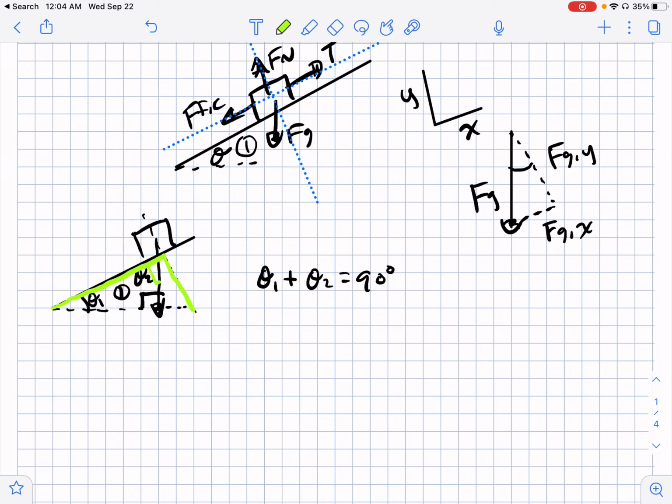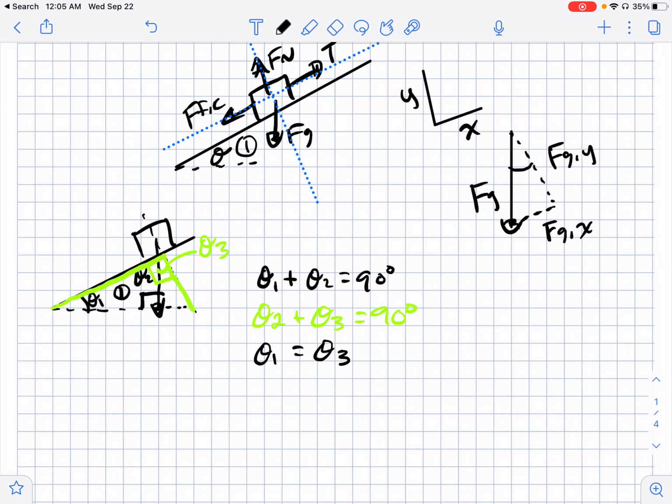We have a 90-degree angle right here, and let's call the angle from here to here theta 3. Based off that triangle, theta 2 plus theta 3 has to equal 90 degrees. And what we can draw from that is that theta 1 has to equal theta 3.